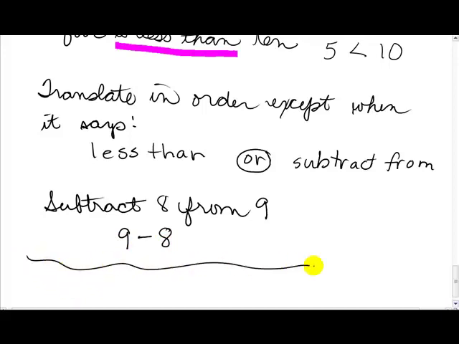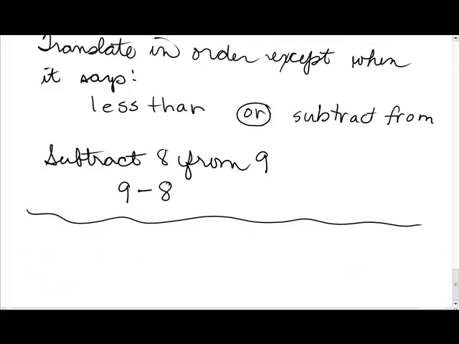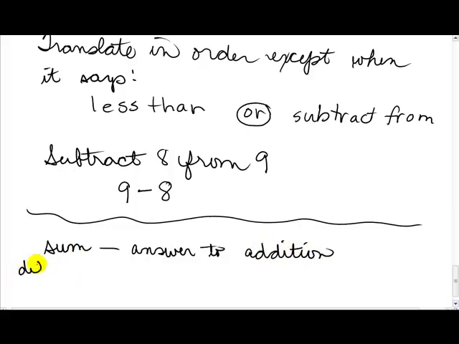So then I just want to remind you of some words that we use. We have sum. Remember, this is an answer to addition. Then we have difference. It's the answer to subtraction.